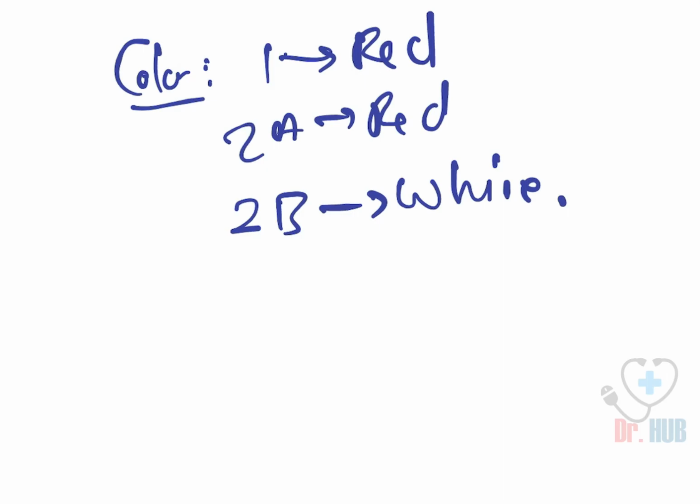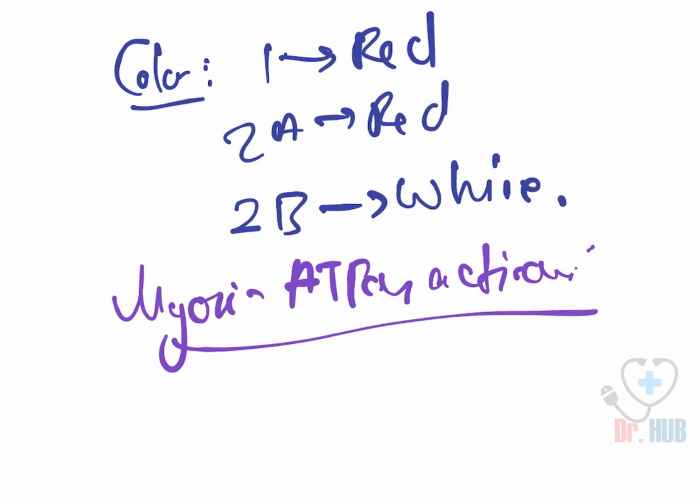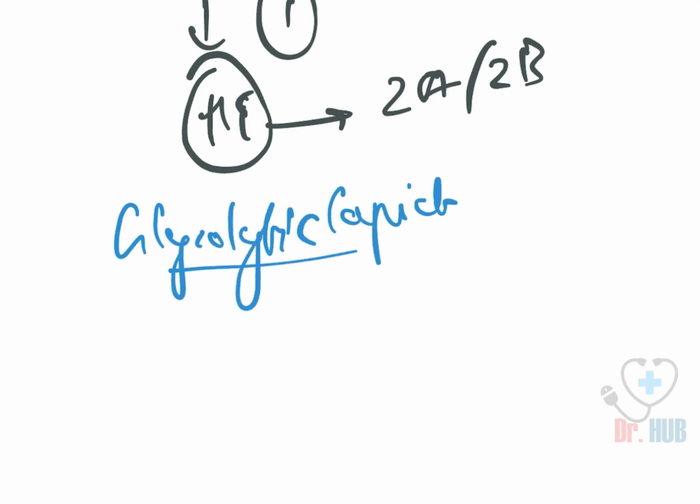Next we look at the myosin ATPase activity. It is low in case of type 1, and high in case of type 2A and 2B. What about the glycolytic capacity?